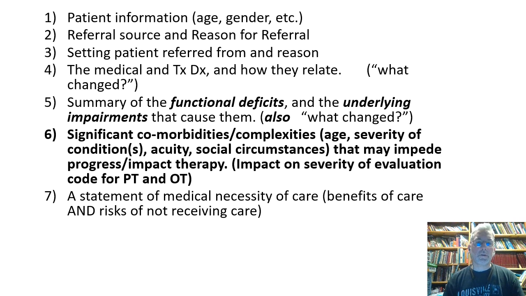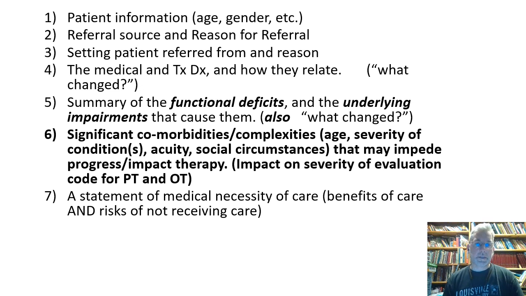Also, you want to include things like the referral source and the reason for referral. And number 3 is tied into that: the setting the patient's referred from and to, and why. What's the reason behind that? So if they're sent to home health versus inpatient, or inpatient versus home health, or home health versus outpatient, is that evident from what you have written in your reason for referral?